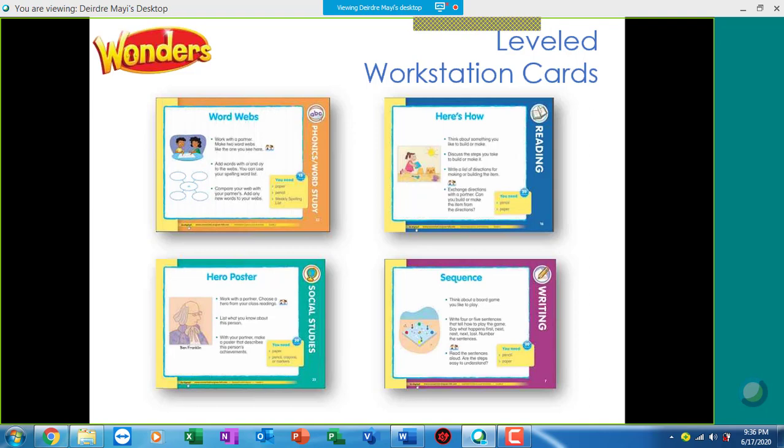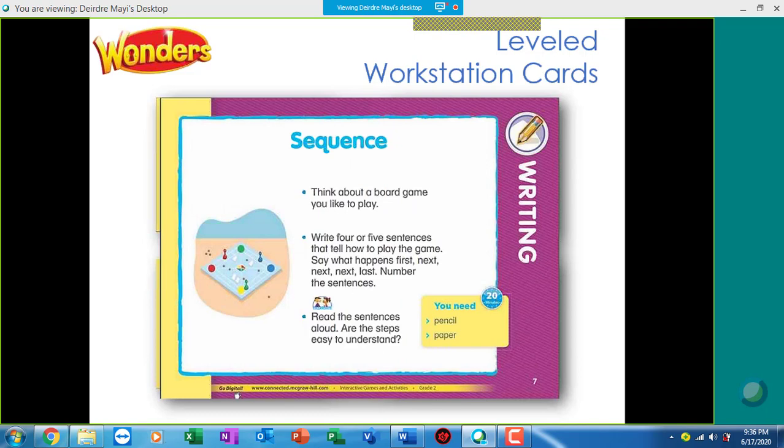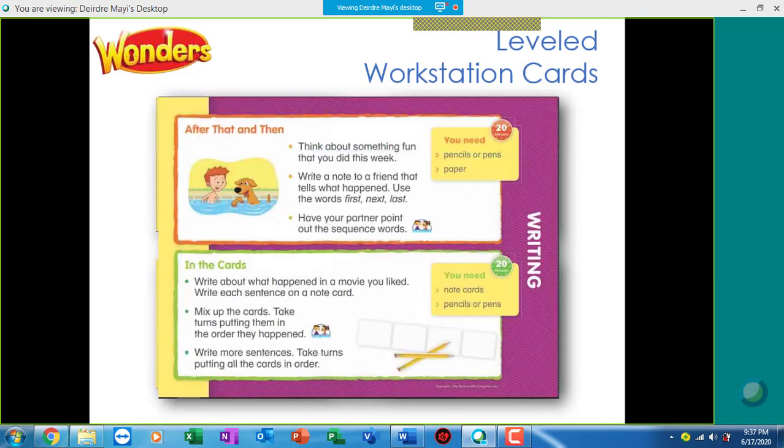So how are these leveled? If you look at the card on the very front, you will see a blue rim around the activity. Blue is the color of on level. So that's how you know that this is the on level activity. But then when you flip the card over, you will see that there is an activity that has an orange rim.